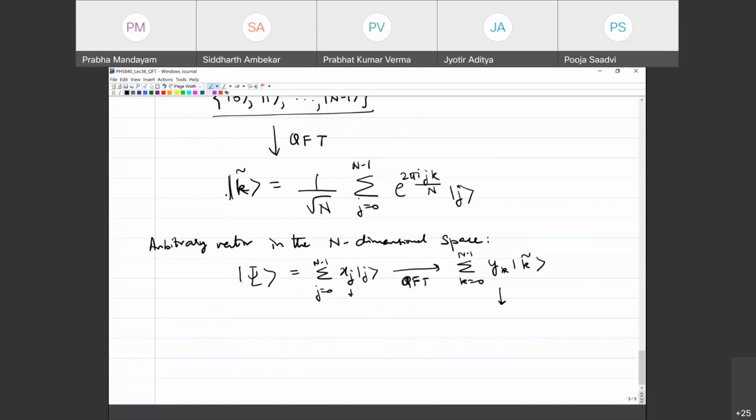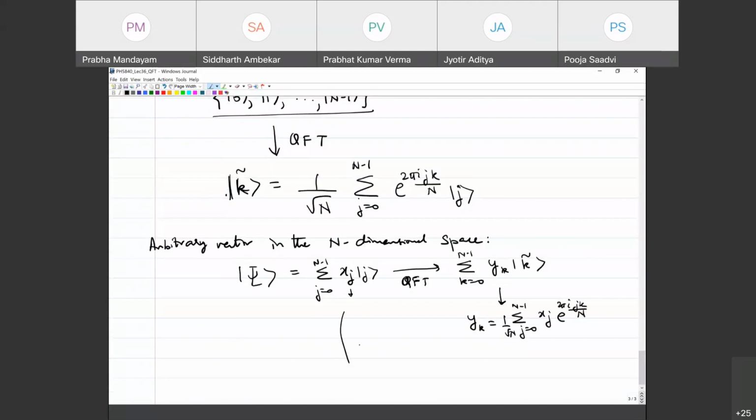So this yk is now 1 over square root n, sum over j going from 0 to n minus 1, xj e to the 2 pi i jk by n. So you have gone from one vector of coefficients.